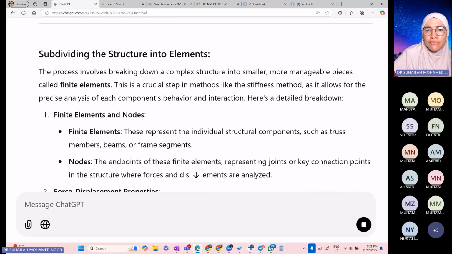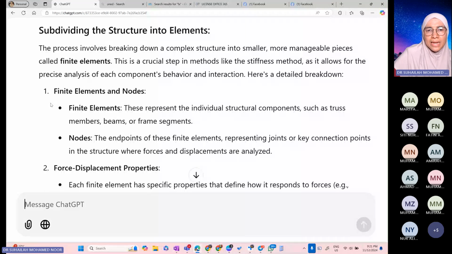Okay, subdividing structure into element. This process involves breaking down a complex structure into smaller, more manageable pieces called finite elements. It is a crucial step in methods like stiffness method, okay, as it allows for the precise analysis of each component's behavior and interaction. Finite elements and nodes. Finite elements represent the individual structural components such as truss members, beam or frame segments.